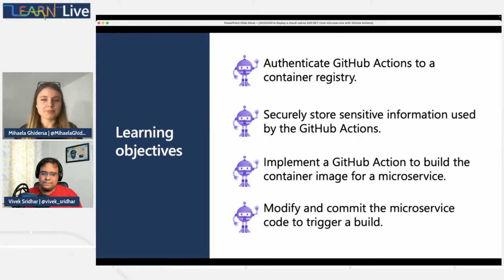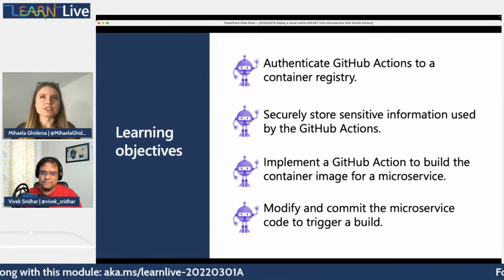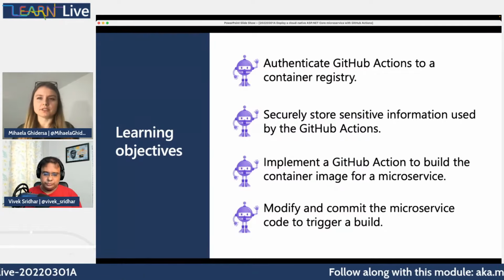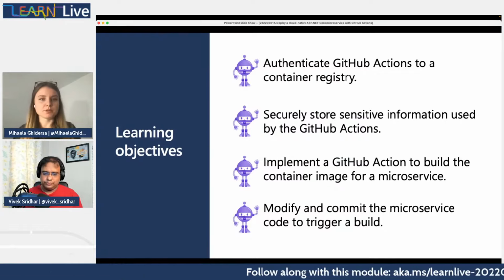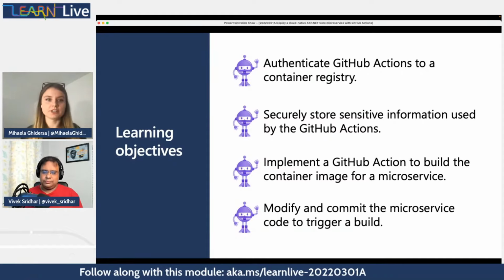More exactly, we are going to discuss authenticating GitHub Actions to a container registry. We are going to see how we can use an Azure Active Directory service principal to allow access to GitHub, and how we can connect there.